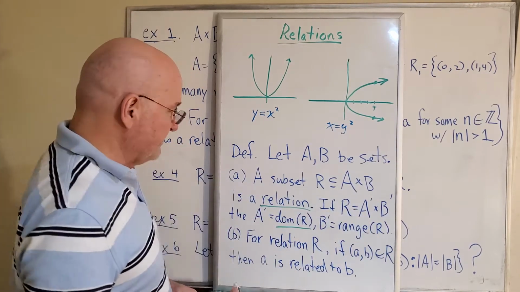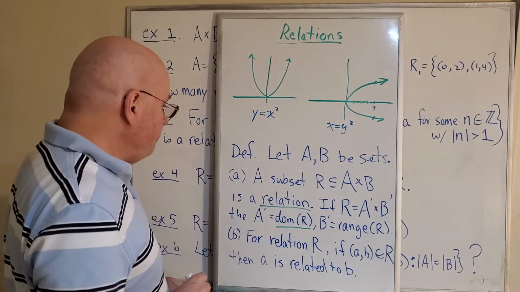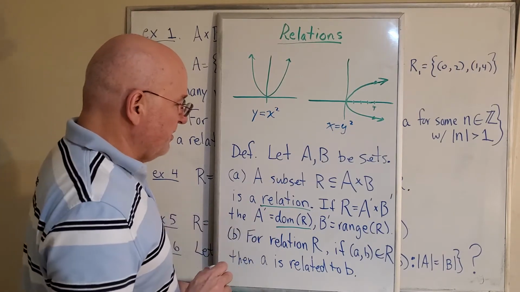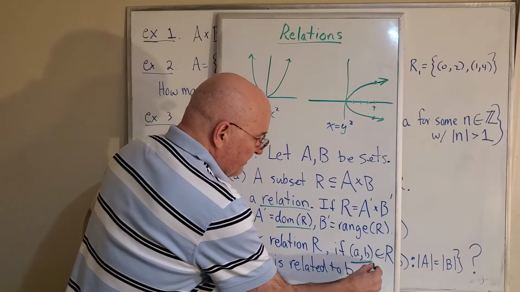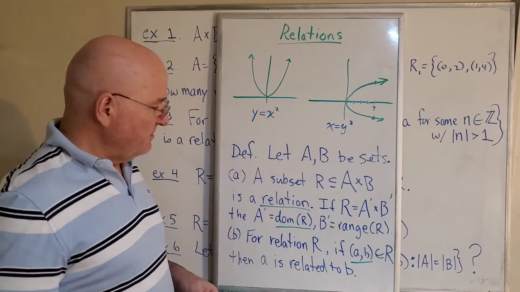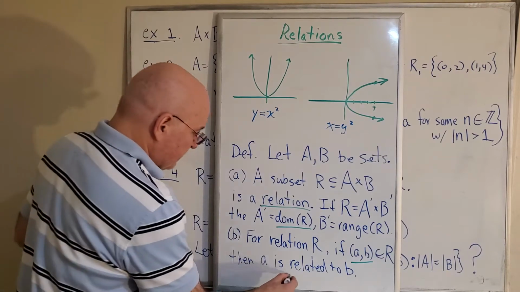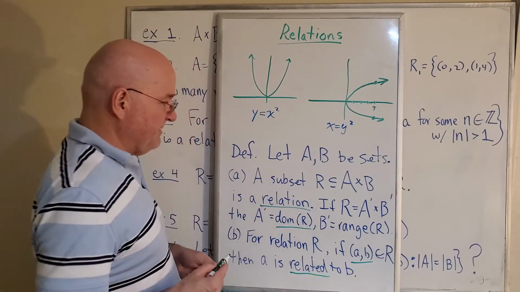I think you're used to that terminology. And then next, for a relation R, if this ordered pair (a, b) happens to be in the relation, we just say that a is related to b.